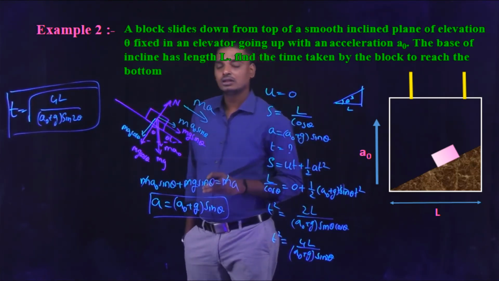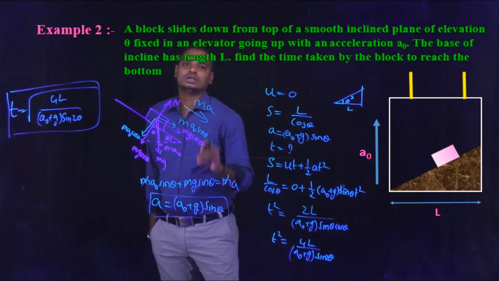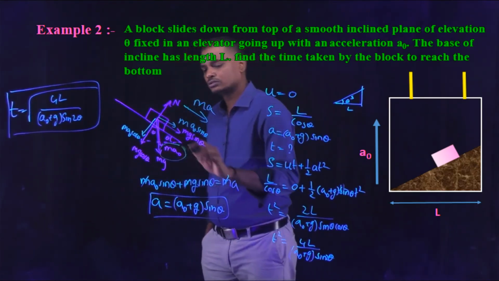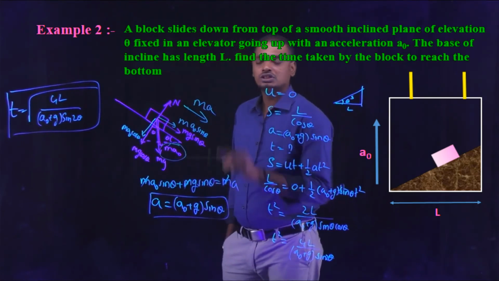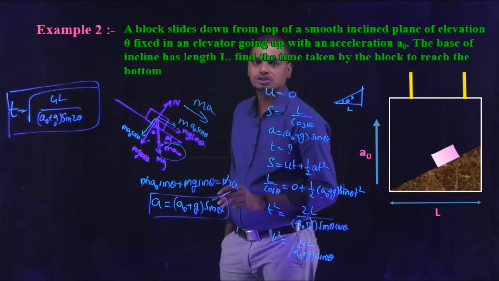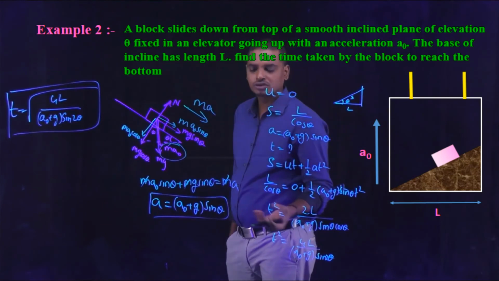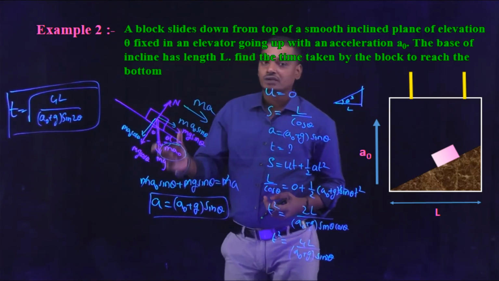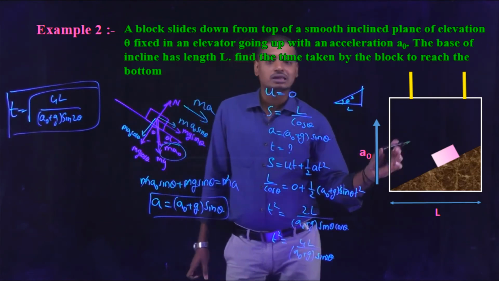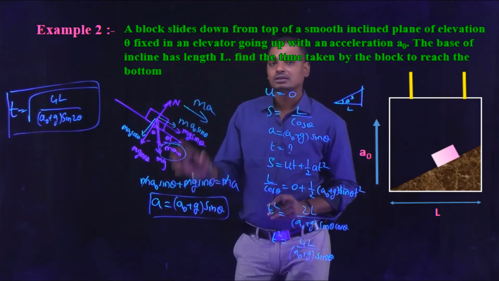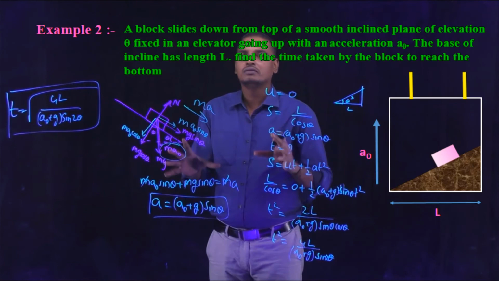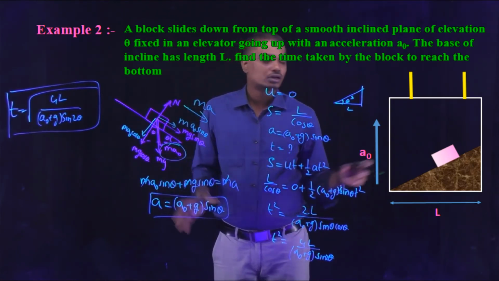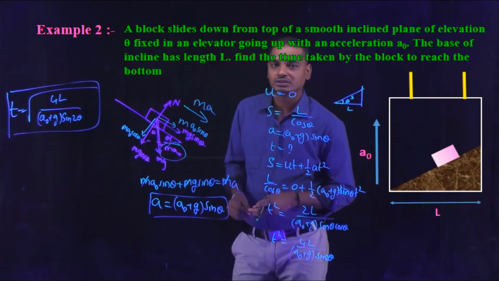Here we have considered a non-inertial frame of reference, so we only consider a pseudo force, which is opposite to the direction of the motion, and this can be solved much more simply. If we consider an inertial frame of reference, that is, if the person is outside the lift, then solving the problem will be more complicated. So we have to consider a non-inertial frame of reference in such cases.